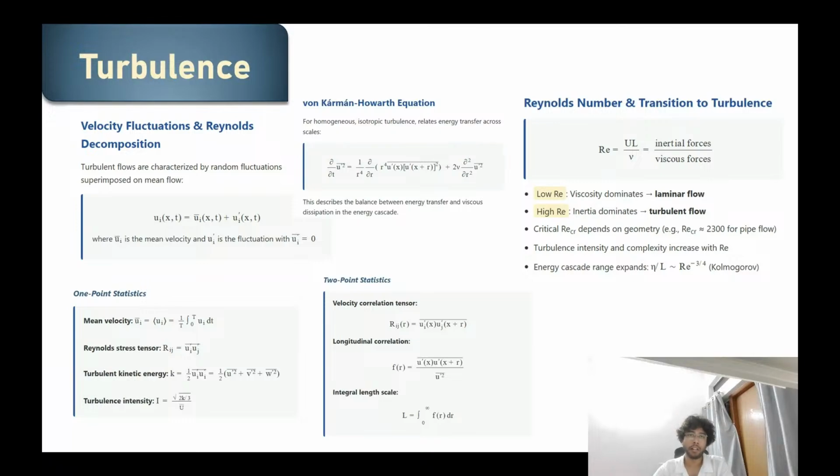Now the question is, how does this turbulence travel in the fluid, or how does it propagate with time? To study this, Karman and Howarth got an equation in terms of the turbulent part of the fluid velocity, u prime.